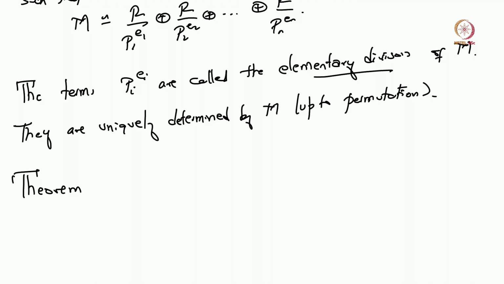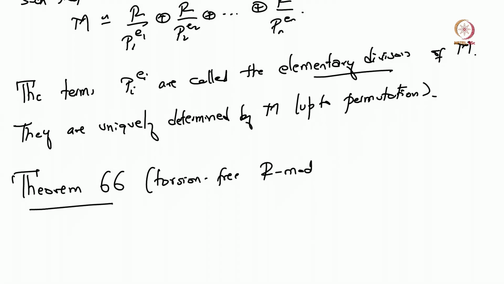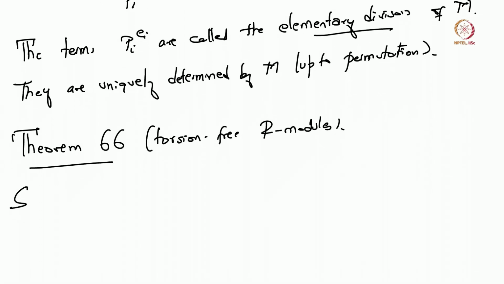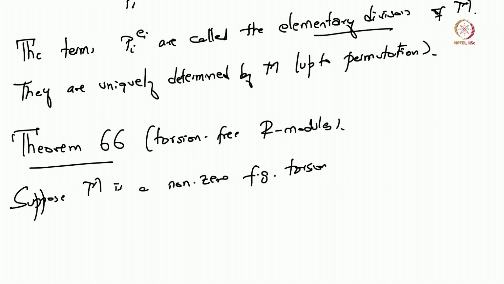The last part of the structure theorem is for torsion free modules. Suppose M is a nonzero finitely generated torsion free R-module.